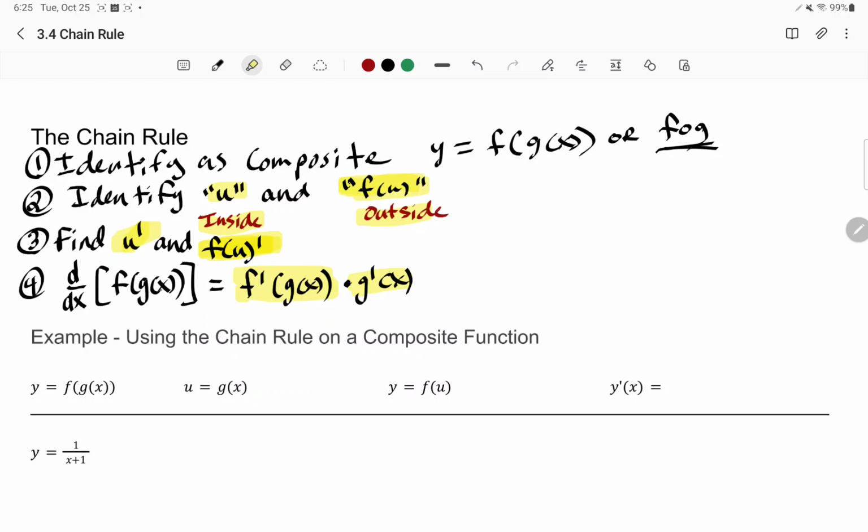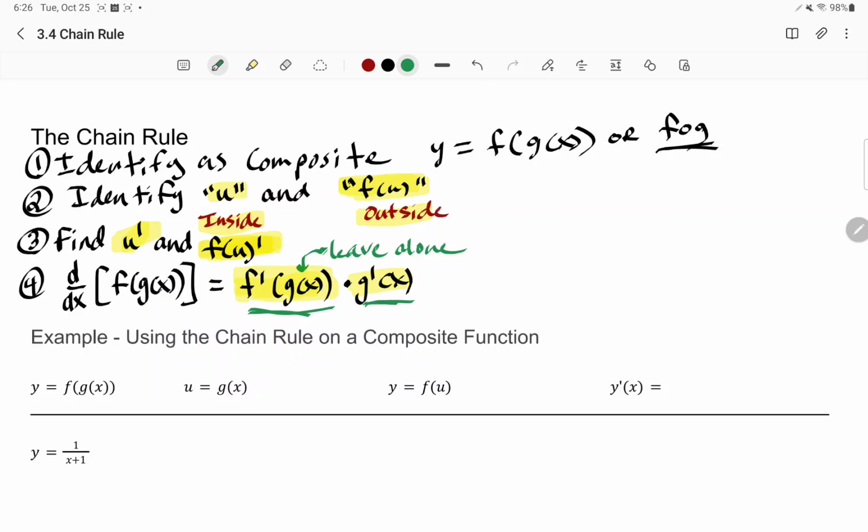When you take the derivative of the outside, you want to leave the inside alone. The inside function does not change when you're finding the derivative of the outside. Then multiply by the derivative of the inside.